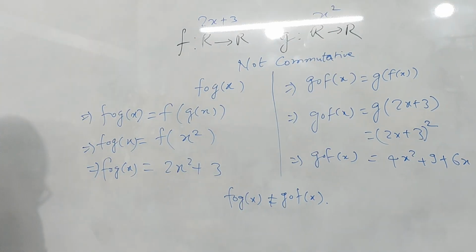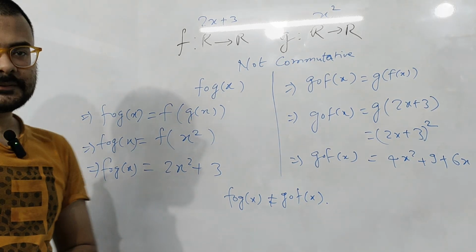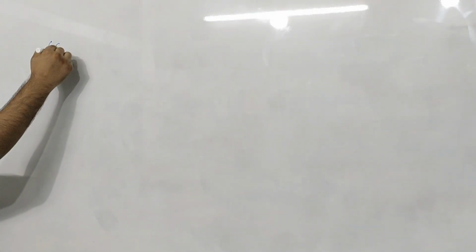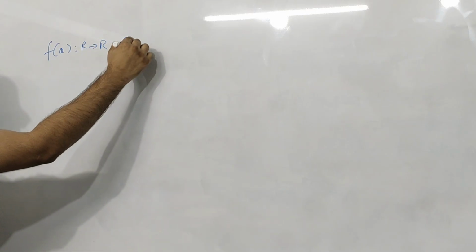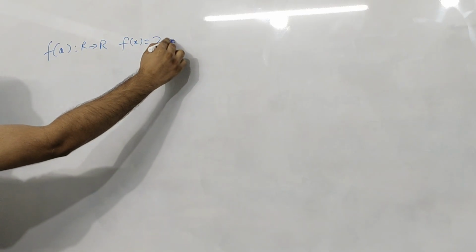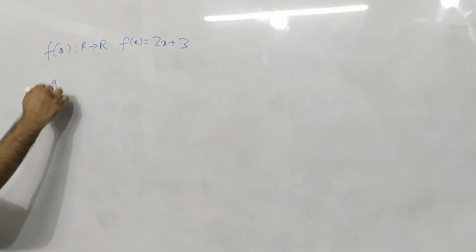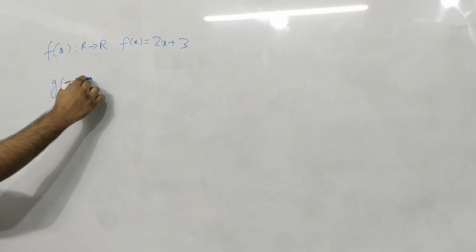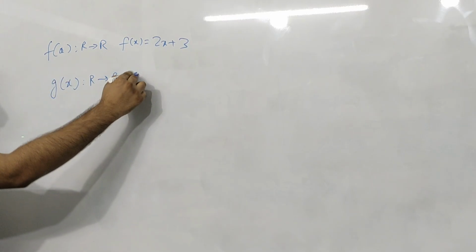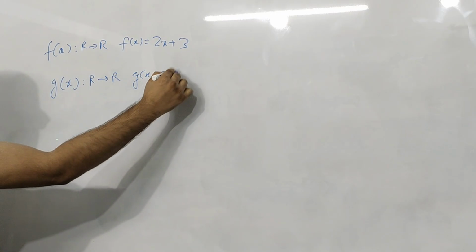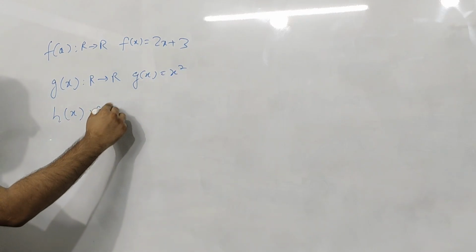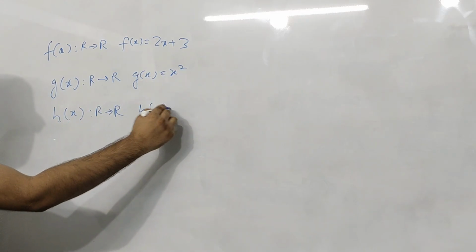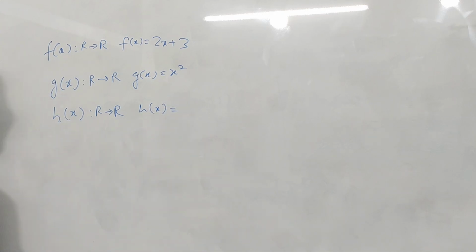Okay. Now let's look at associativity. Let f be from R to R with f of x equal to 2x plus 3, g from R to R with g of x equal to x square, and h from R to R, where let's take h of x to be just x.